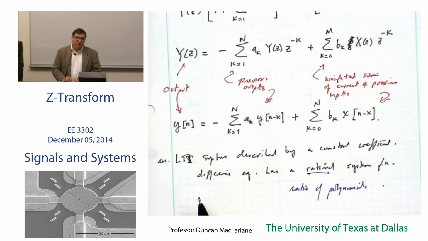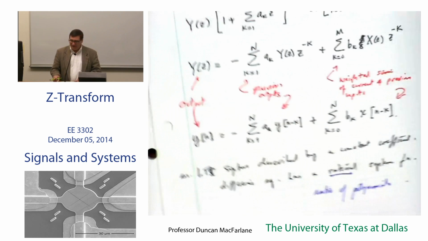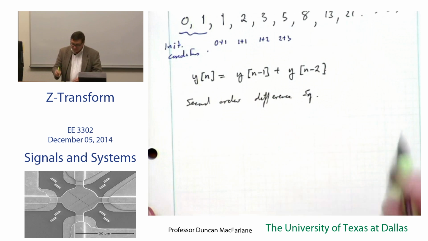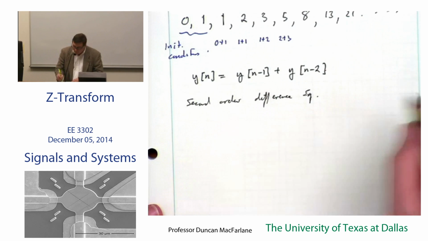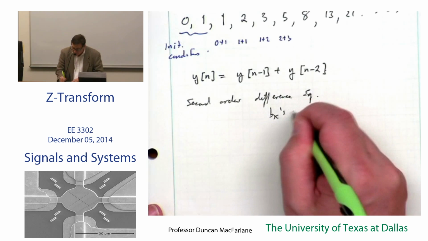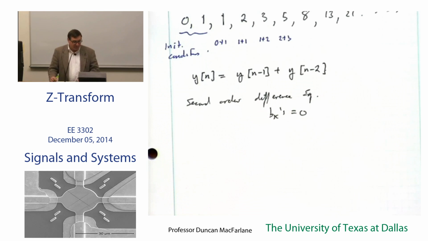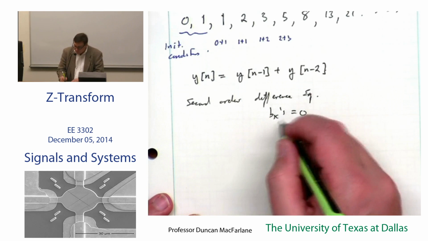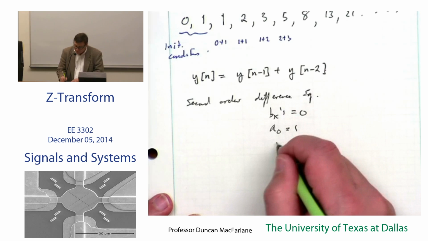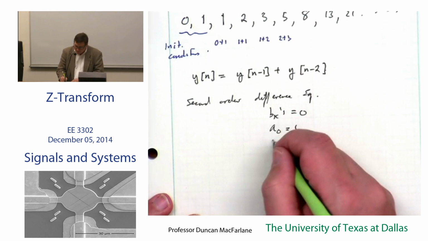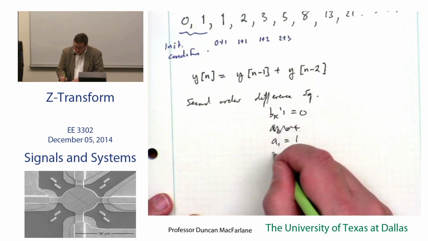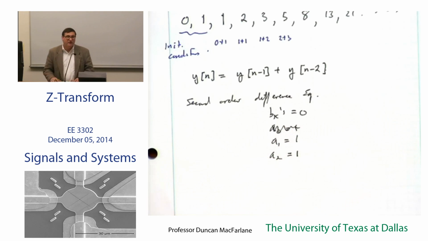It's an unforced, or homogeneous, difference equation, if you want to think of it that way. And we have to be a little mindful of our initial conditions. So our b sub k's will all equal 0, and our a0 is equal to 1. Well, we won't write that. We'll just write a1 is equal to 1 and a2 is equal to 1.